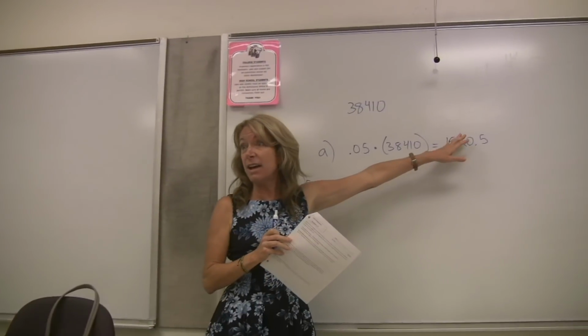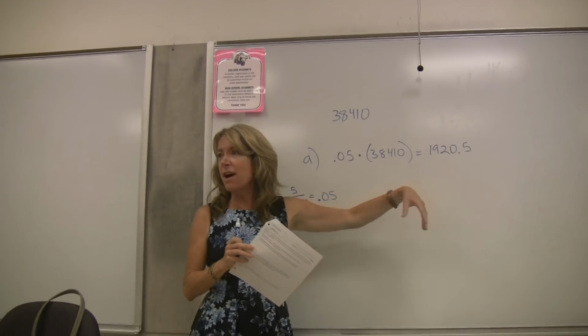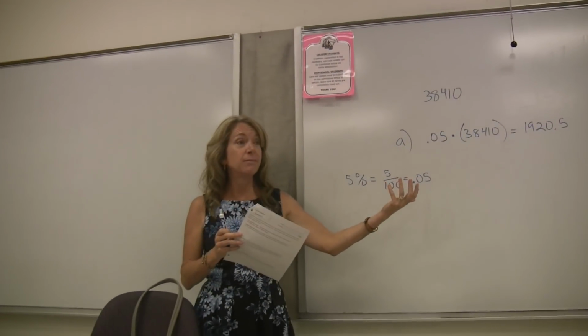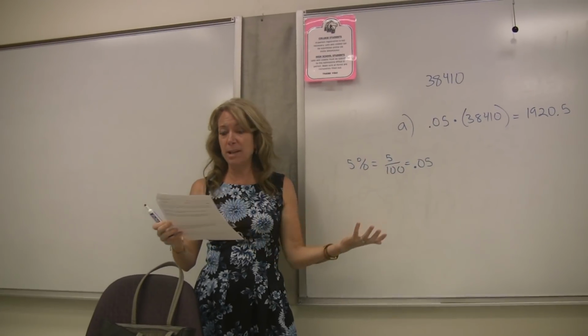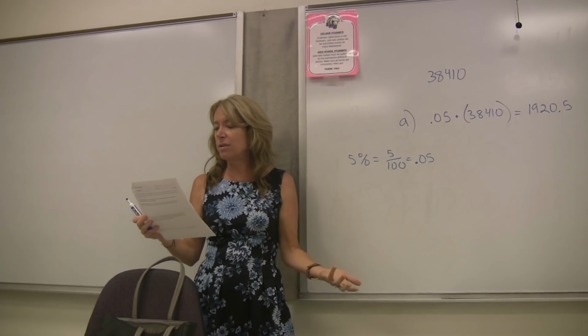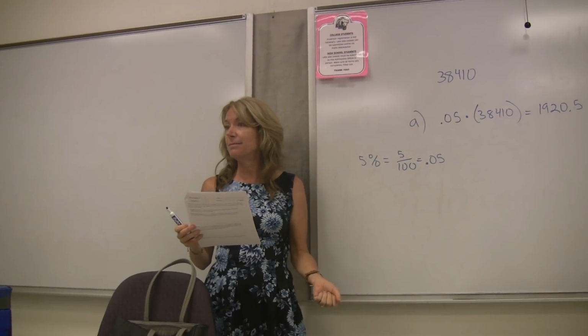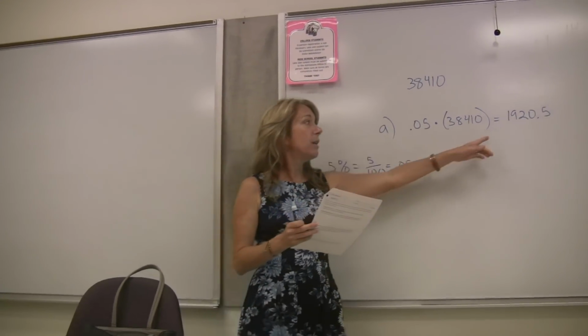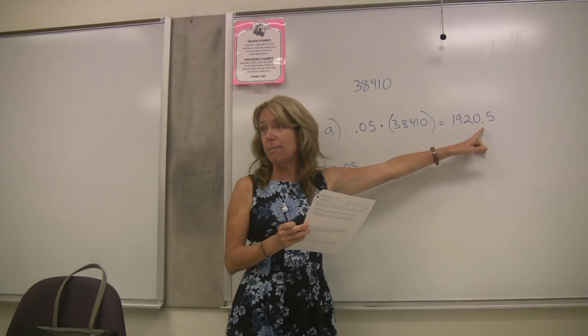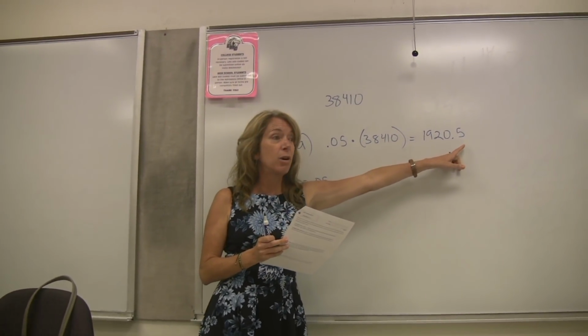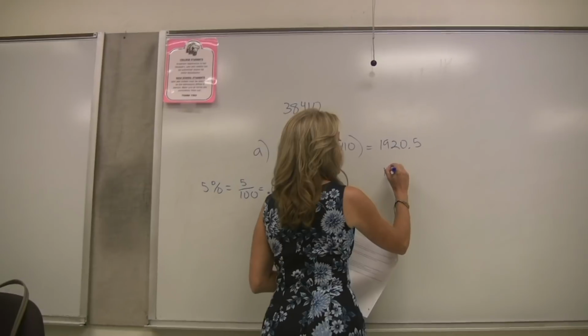This is the exact value of this percentage. And then the follow-up question is, could this be the answer? No. The answer is no, because the question was how many people answered a lot. So what do we do? You can round it. We round it to the nearest whole number because we're talking about people. Because that's a 5 or more, it rounds up to 1921.